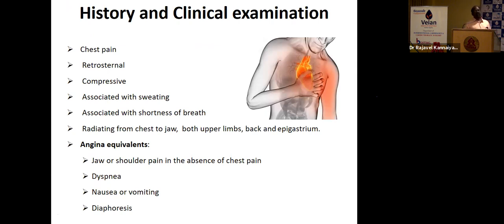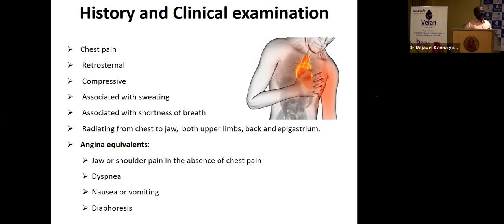Usually the pain is retrosternal chest pain. The pain may occur anywhere between the neck and the abdomen in the front, on the right side or left side of the chest, or the back. It may also radiate to the jaw. Some people present with pain in the jaw, and some patients have constricting pain in the neck also. The radiating pain may be associated with sympathetic symptoms like sweating and giddiness.